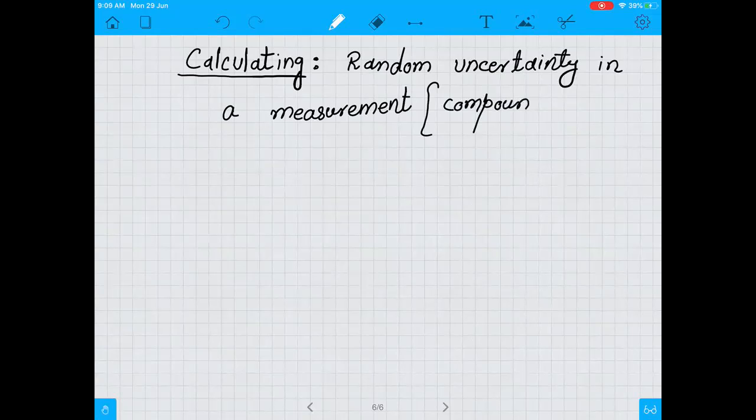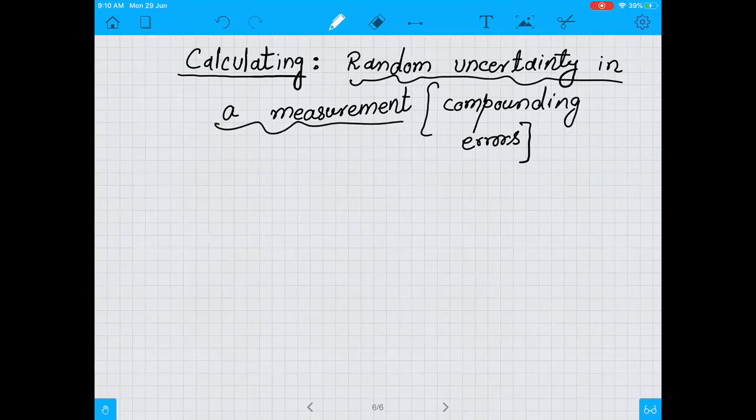In your syllabus, the topic is called compounding errors. Basically, previously we understood how to calculate uncertainties in raw data. The readings were there and we calculated the systematic error and random error in the given raw data.